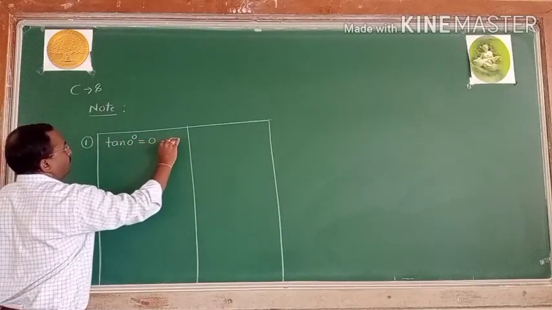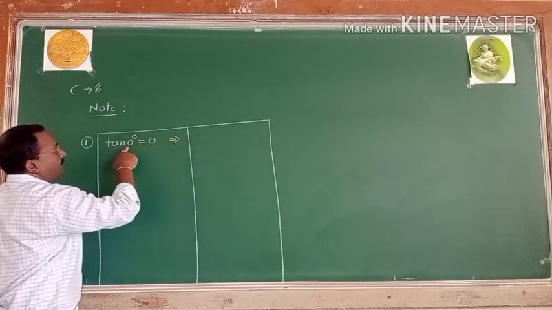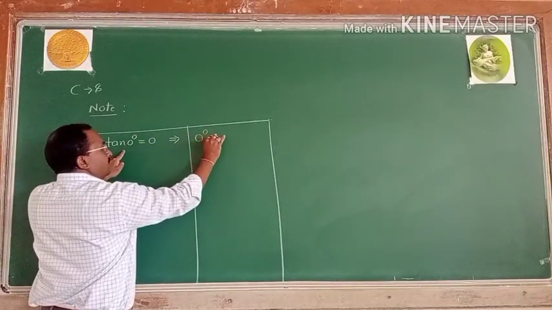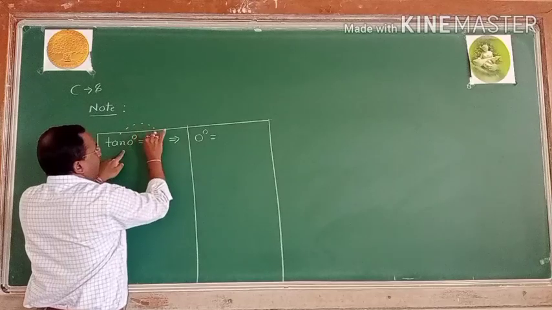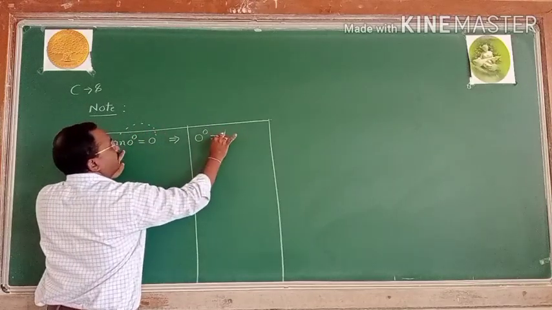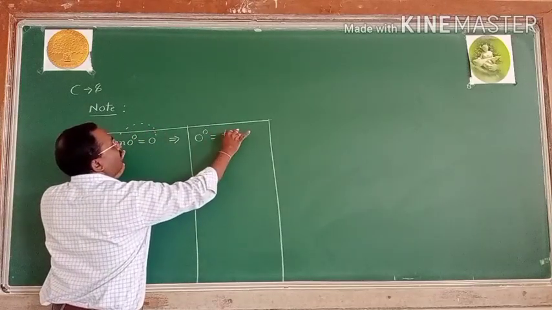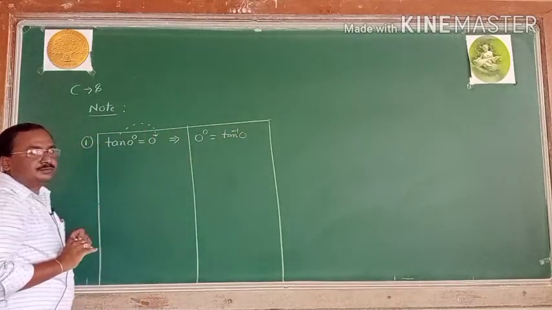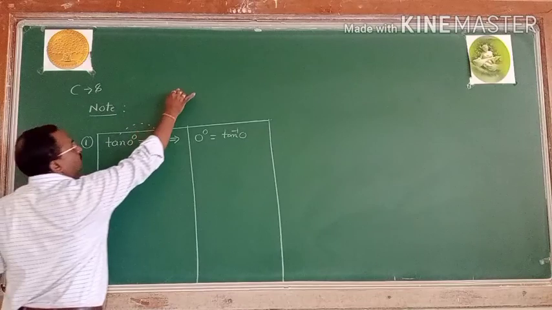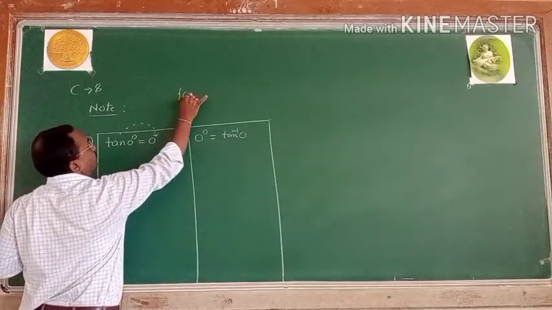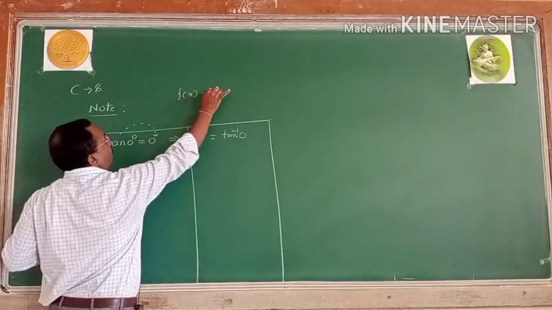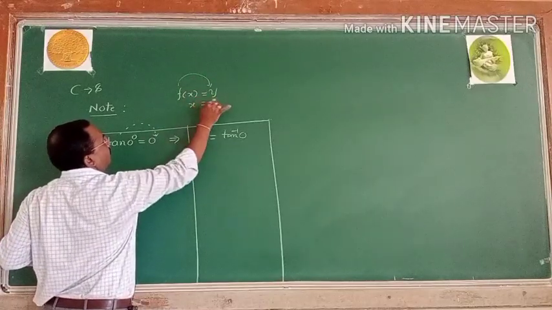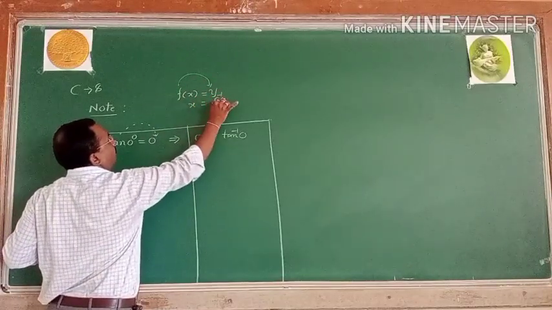This can be expressed in the form of tan inverse of 0, an inverse function. Suppose f of x is equal to y, then taking the inverse, x is f inverse of y.